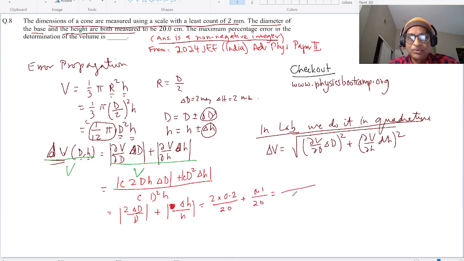Okay, so we have a 20 and 0.5. Okay, so 0.6. And if I put this over there, it's going to be 0.06 over 2, 0.03. That's 3%.